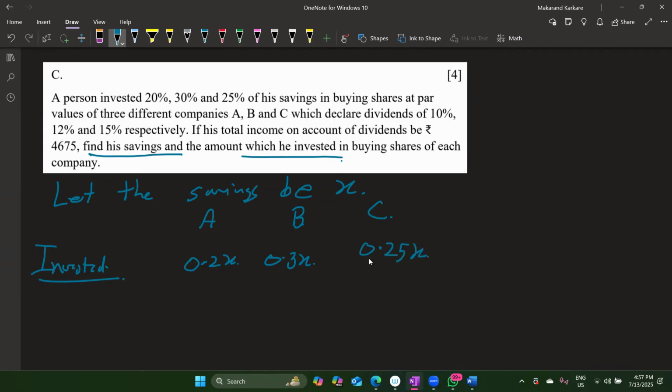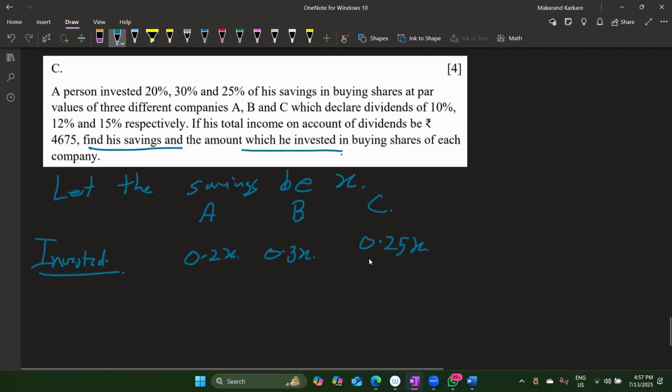So far, so good. Declared dividend percent is going to be 10, 12, and 15%. So I could say 10 by 100, 12 by 100, and 15 by 100.